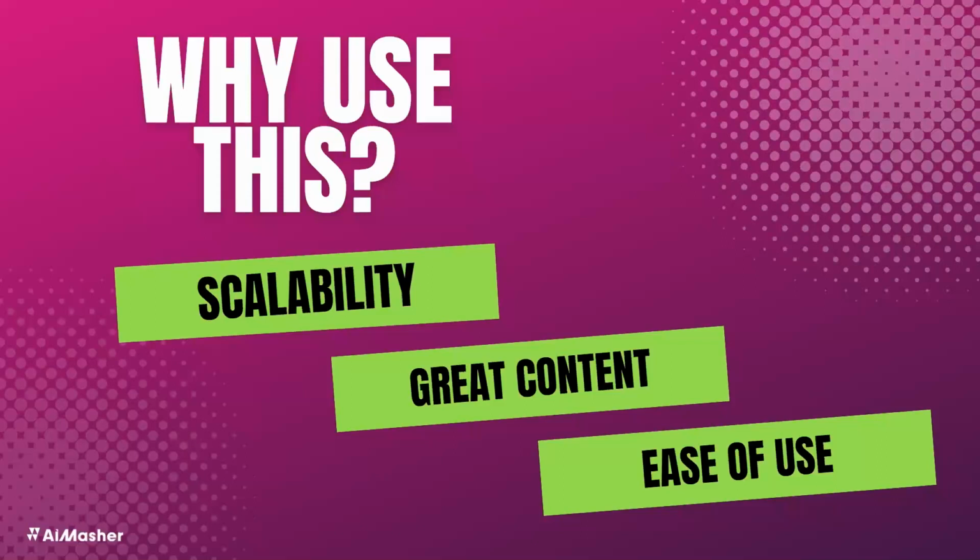Now, granted, we use 3.5 in mass. I use 4 for a more narrowed focus that is higher quality content, and we're blending them all together. There are certain times that you can use 3.5 to answer generic questions.